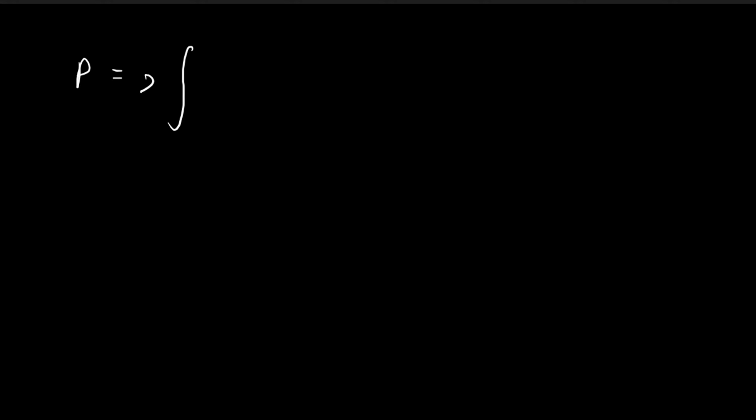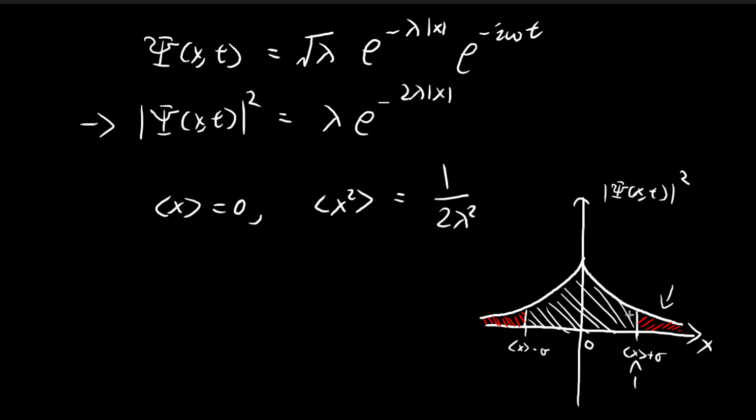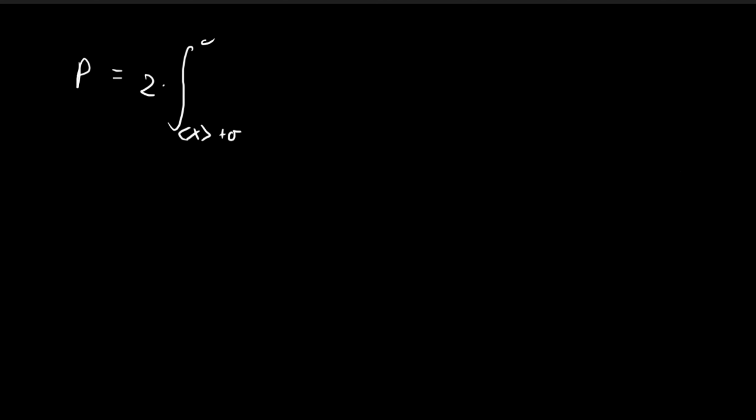So the probability is just equal to 2 times the integral from the point, the mean of x plus sigma, which is this point, all the way to infinity. And the function we're going to integrate is the absolute value square of the wave function, which by definition is a probability density function. So this is the formula by which you find a probability.